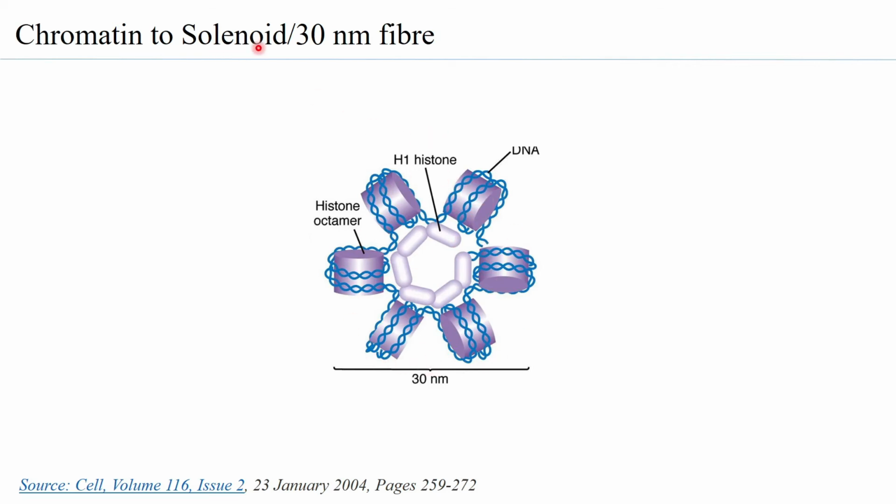So it is called a solenoid, and when all the six nucleosomes are present with the DNA, the dimension is 30 nanometers, and so this is called a 30 nanometer fiber. So this is one, you can have the second, the third, the fourth, and that is how the entire structure becomes a 30 nanometer fiber.